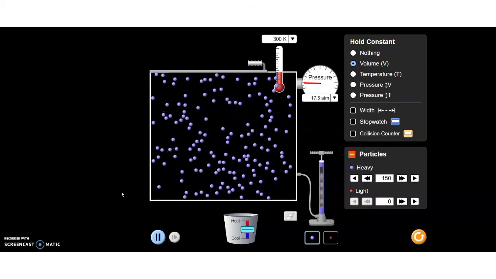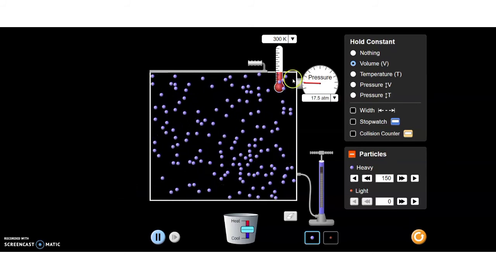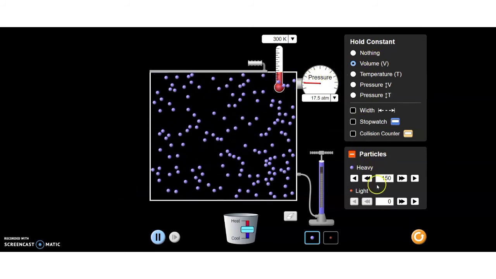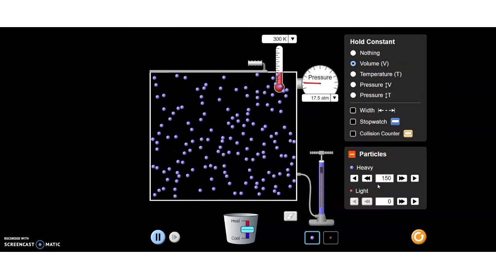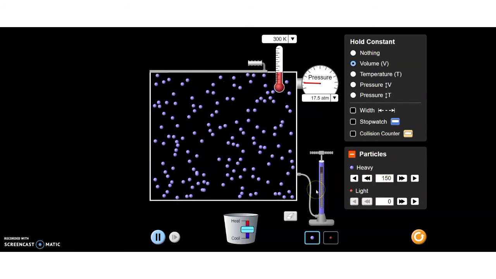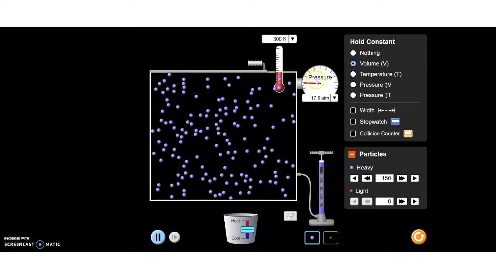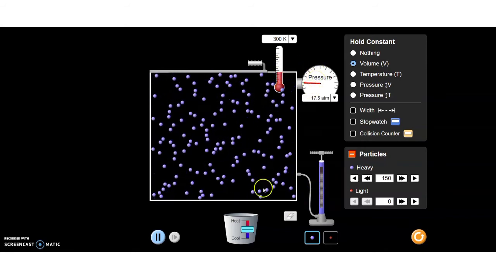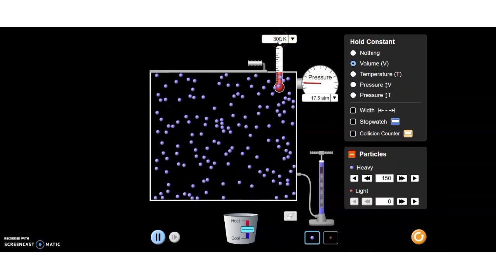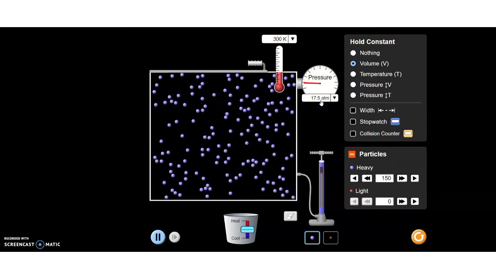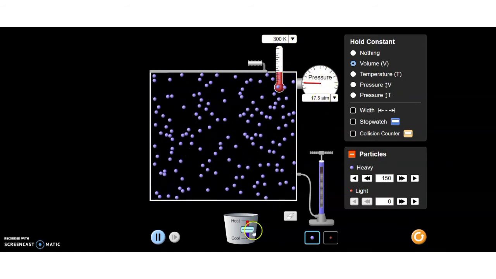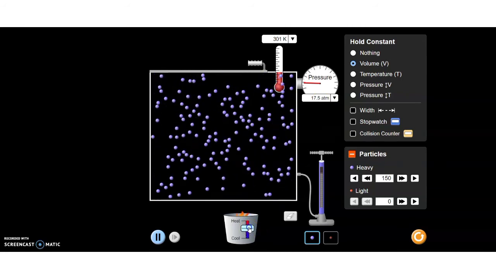We'll see Gay-Lussac's law. Here we know volume and number of particles are constant. We'll see what will happen if temperature increases. You can see temperature here and the variation of pressure here. So here now temperature is 300 Kelvin and pressure is 17.5 atmospheric pressure. So I am going to increase the temperature.